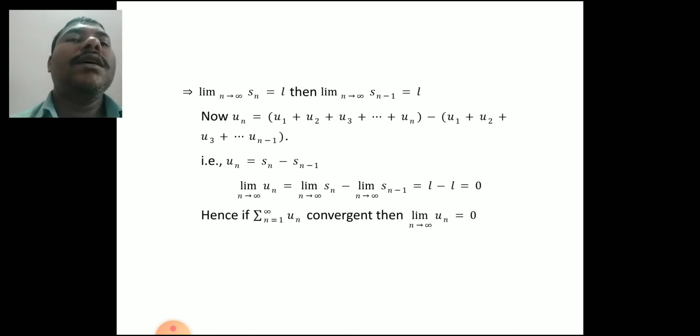Next, that implies limit of Sn as n tends to infinity is equal to L. So if the sequence Sn is convergent, then limit of Sn as n tends to infinity is equal to L. So then limit of Sn minus 1 as n tends to infinity is equal to L.